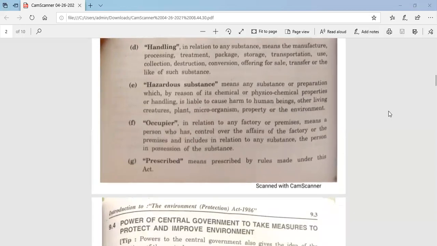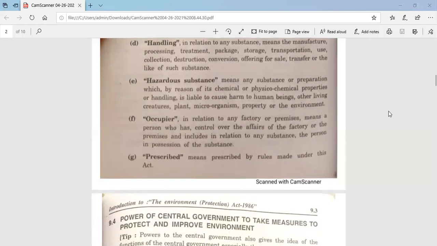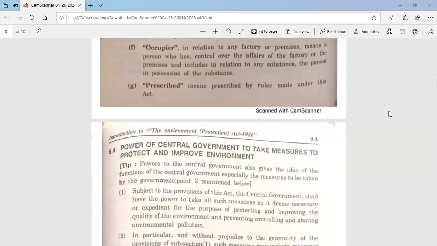The next definition is occupier. In relation to any factory or premises, it means a person who has control over the affairs of the factory or the premises, and includes, in relation to any substance, the person in possession of the substance. Right. Next, prescribed means prescribed by rules made under this act.